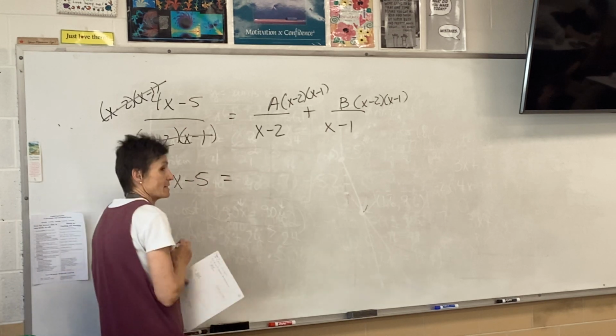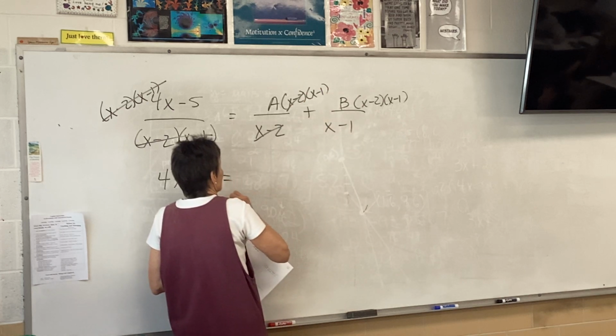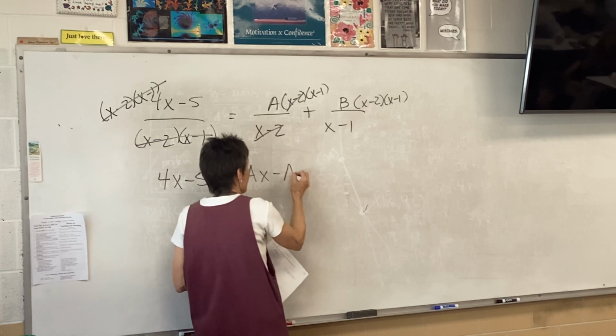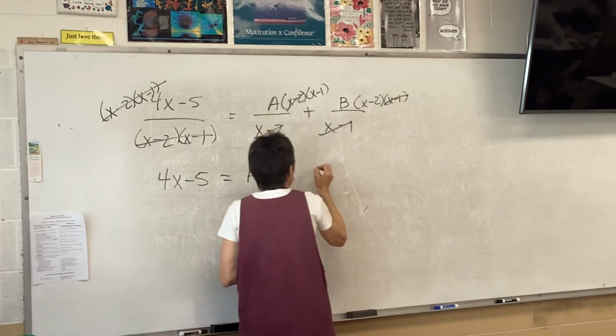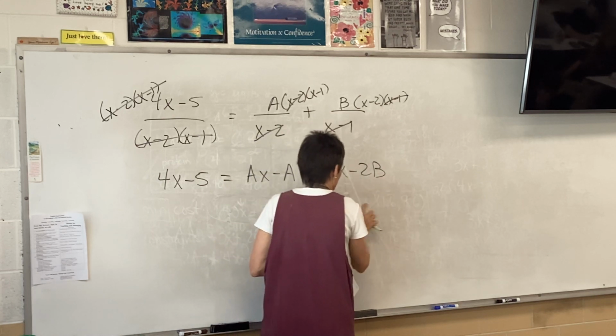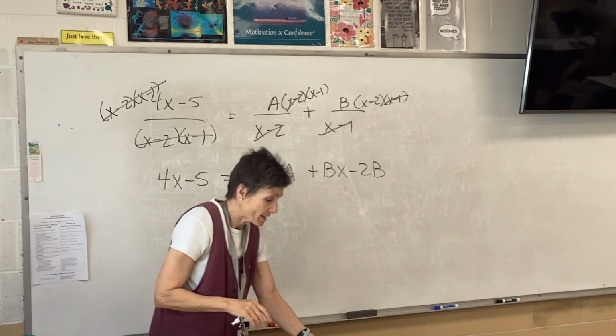That's why you do this. So they all cancel, leaving me here with ax minus a, and here with bx minus 2b. So the fractions are now gone.